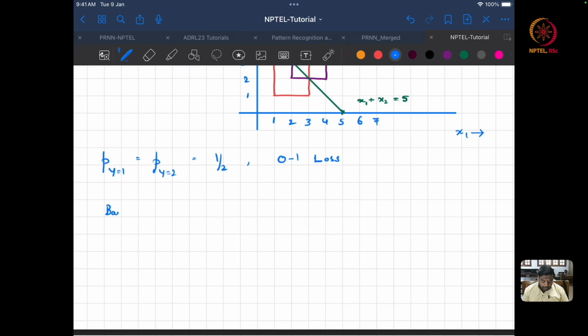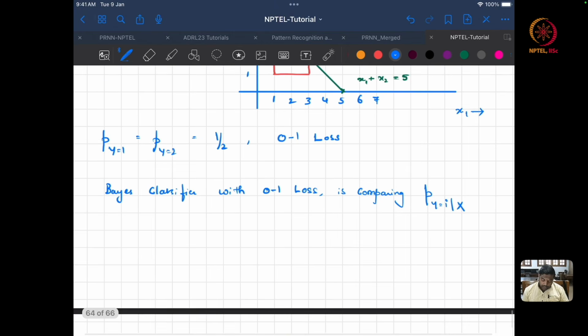Now, Bayes classifier with 0-1 loss is comparing posteriors P of y equal to i given x. Now, this is what you will actually be comparing.